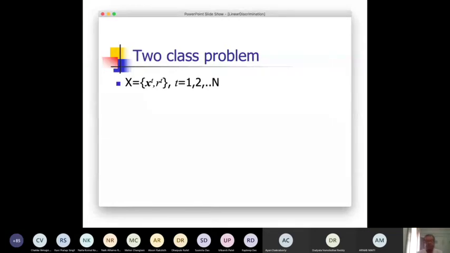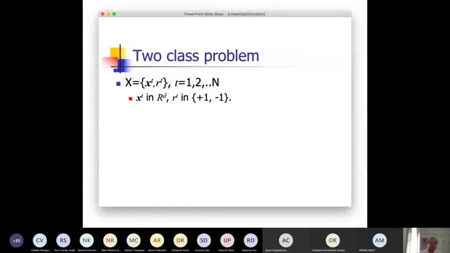In a training data set, you have two pieces of information: one is the input feature vector x, another is its label r. In a 2-class problem, we are considering the labels +1 and -1, which is also the case in support vector machines. We'll see the implication of this label itself, because in the analytical treatment, the label value plays a role while optimizing the objective function. So this is the definition.